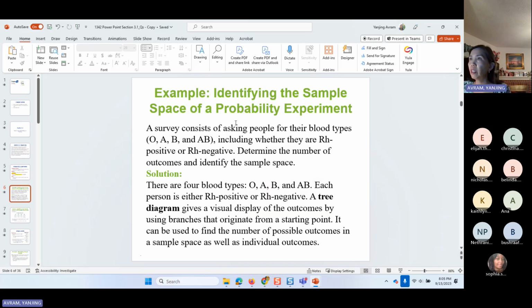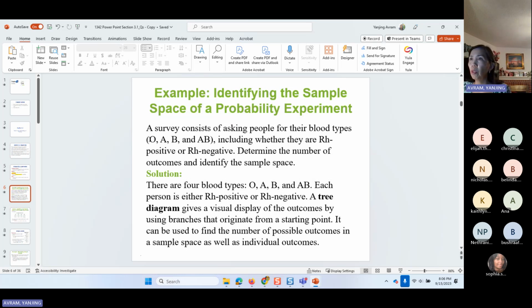Okay, so identify the sample space of a probability experiment, like blood type. You can have type O, type A, type B, or AB, and then you also have Rh positive and Rh negative, right? So what's the total number of outcomes in here?